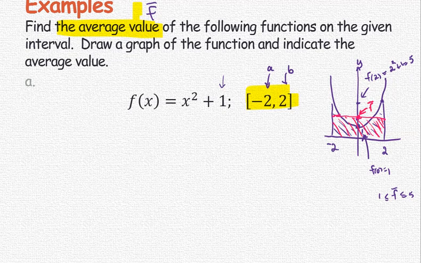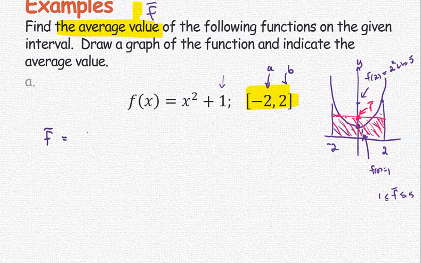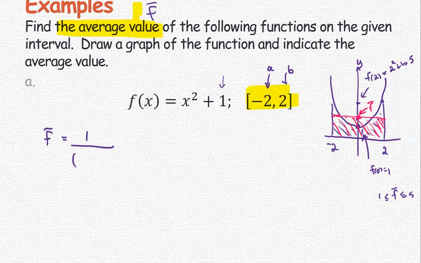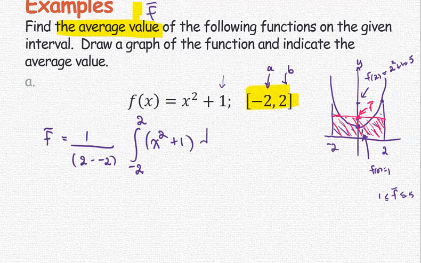From the formula, the f bar, or the average function value, is 1 over the width, which is b minus a, or 2 minus negative 2, multiplied by the net area using the definite integral from negative 2 to positive 2 of the function x squared plus 1 with respect to x.